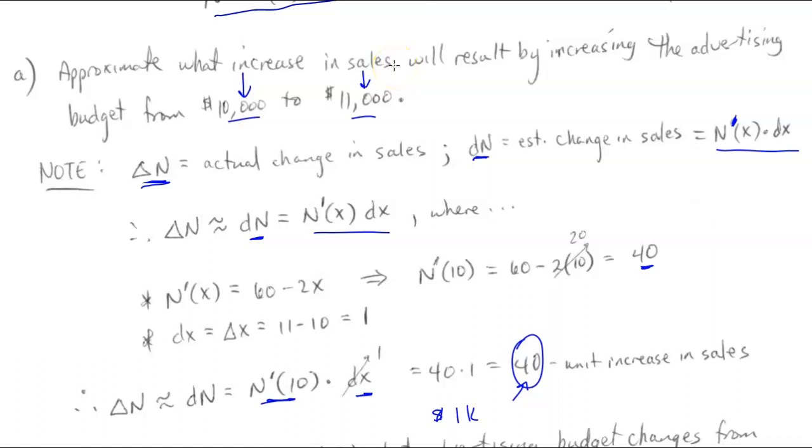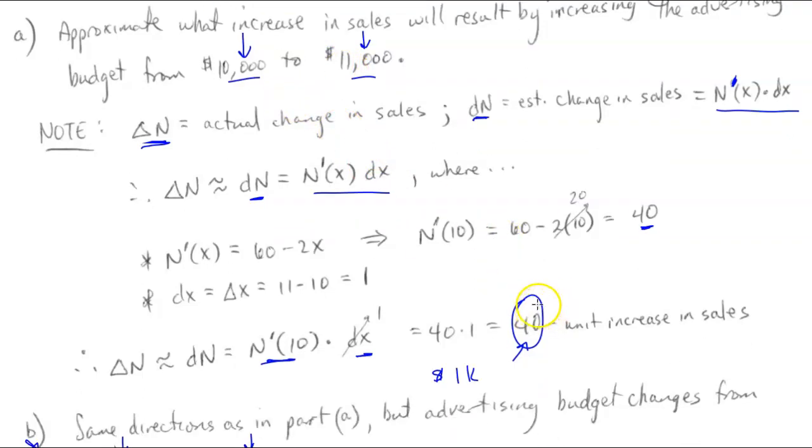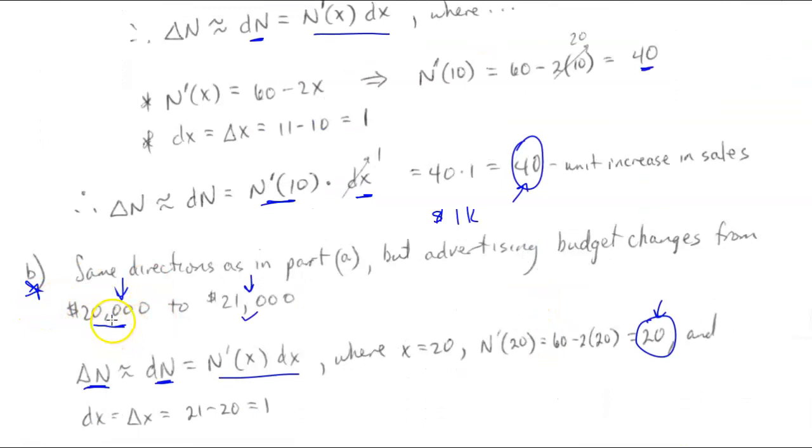Is your goal to get just as many as possible, or is your goal to say, well, hey, we got this much growth? Okay. And so this example here kind of shows you that. Going from $10,000 to $11,000, the change in sales is more sensitive than it is if we were spending $20,000 and just going to $21,000. So that's another way you can look at it.